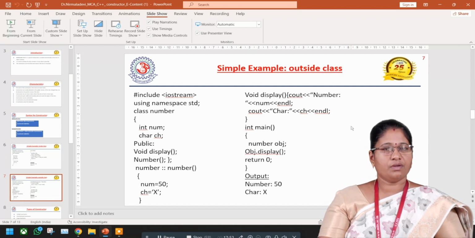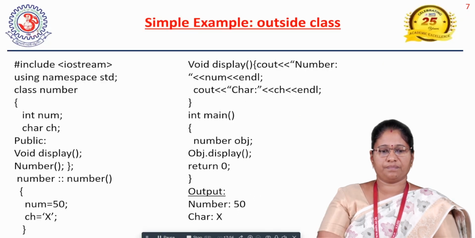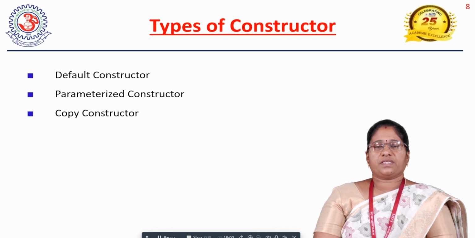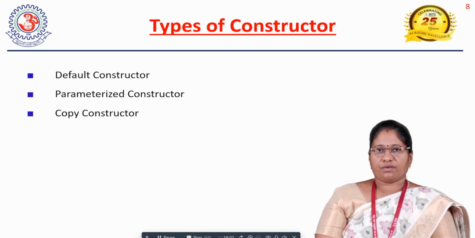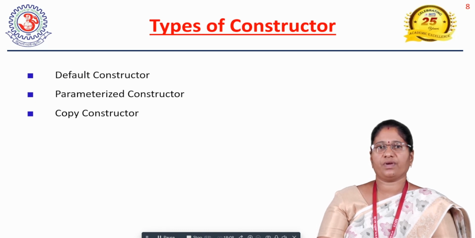Okay. So when you come to the types of constructor, a constructor has three different kinds. One is the default constructor. In a default constructor we are not giving any arguments. Directly we invoke the constructor.